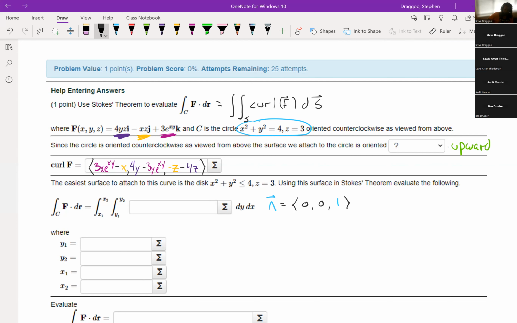So to figure out what our integrand should be, we need the curl of f dotted with that normal vector we just calculated. Curl f dotted with n, which is 0 plus 0 plus 1 times negative 5z.